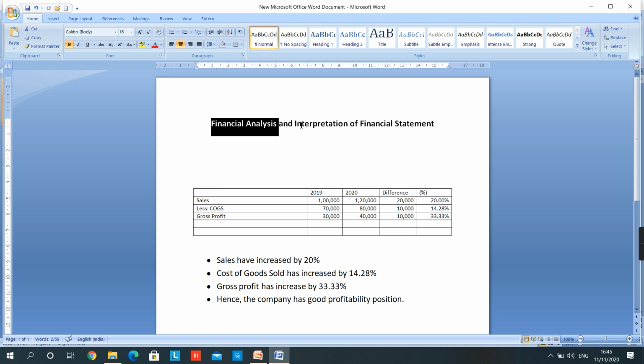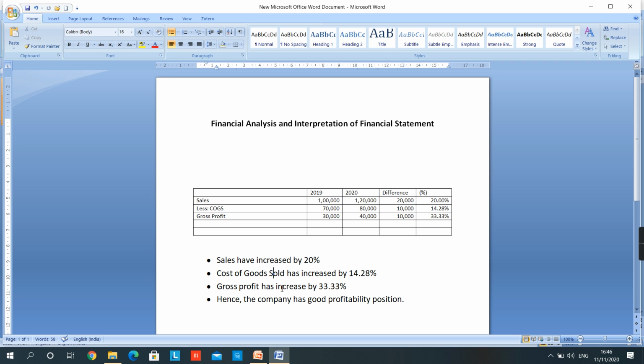Then coming to the interpretation. Here I have written: sales have increased by 20%, cost of goods sold has increased by 14.28%, and gross profit has increased by 33.33%. Hence, the company has a good profitability position. The increase in cost of goods sold is less than the increase in sales.